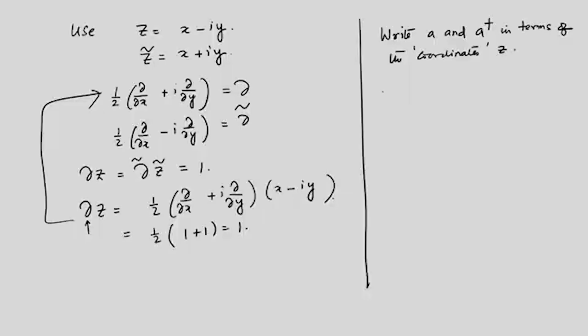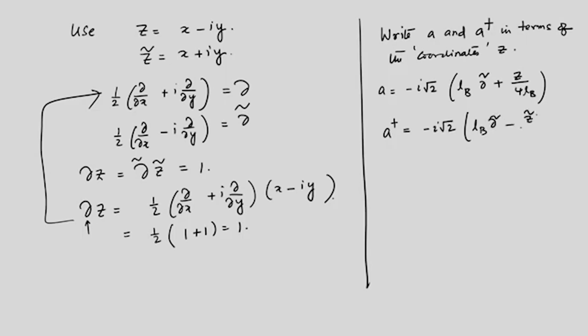Okay. So A is equal to minus i root 2 LB, that is the magnetic length that we have studied, plus a z for LB. There is some specific way of writing in order to make the notations simple, and this is LB tilde minus z tilde, this is for LB.